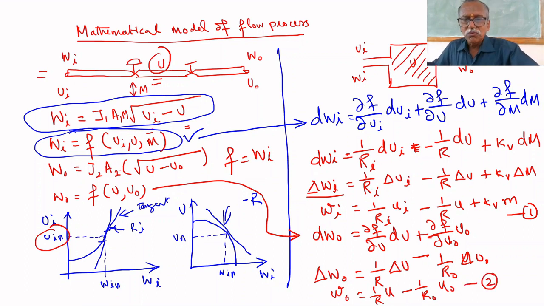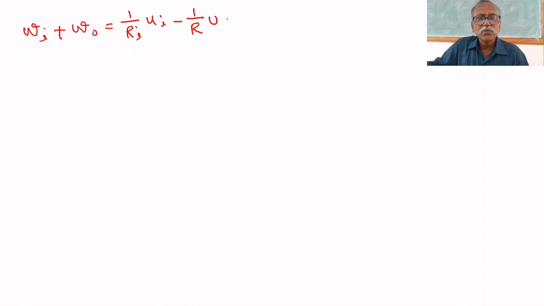If you add these two, we will get change in inflow rate plus change in outflow rate equal to 1 by ri ui, small ui, minus 1 by r u plus kv m, from the first relation we got.